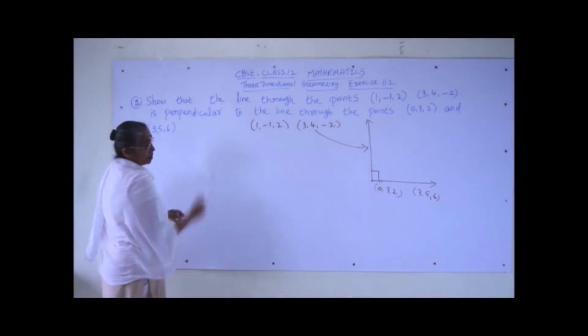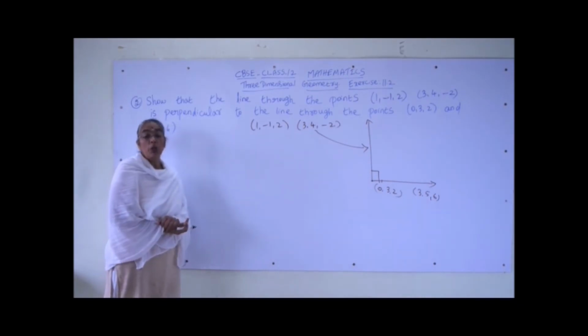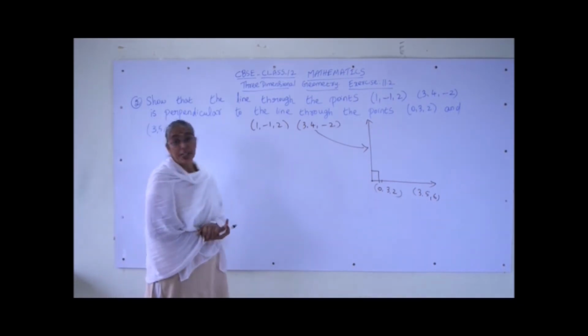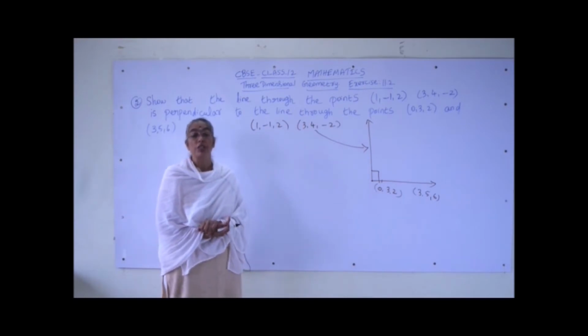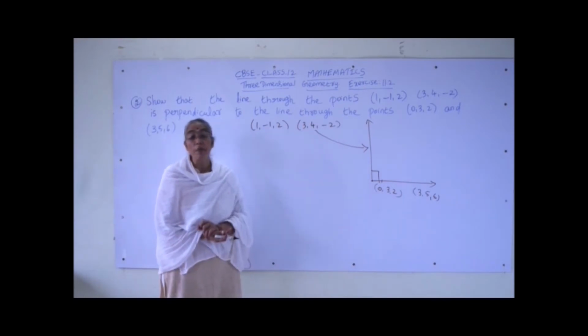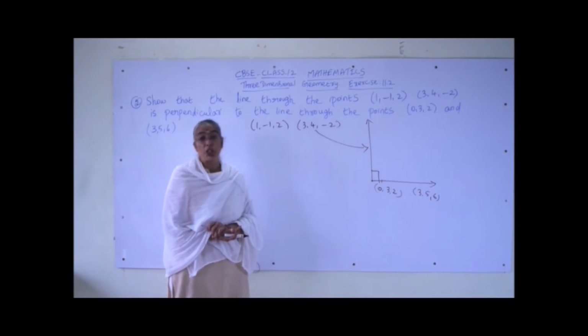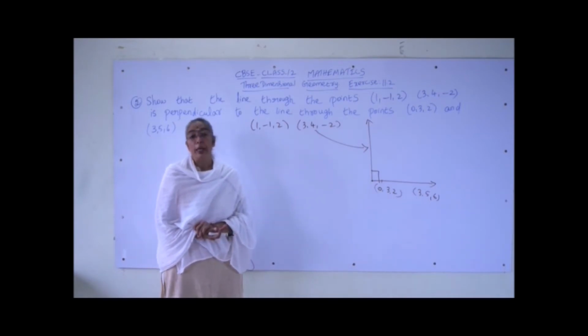Now the condition for two lines to be perpendicular, if the direction cosines are given, is l1 l2 + m1 m2 + n1 n2 = 0, which we have done in the previous problem. If direction ratios are given, we can also prove that they are perpendicular.